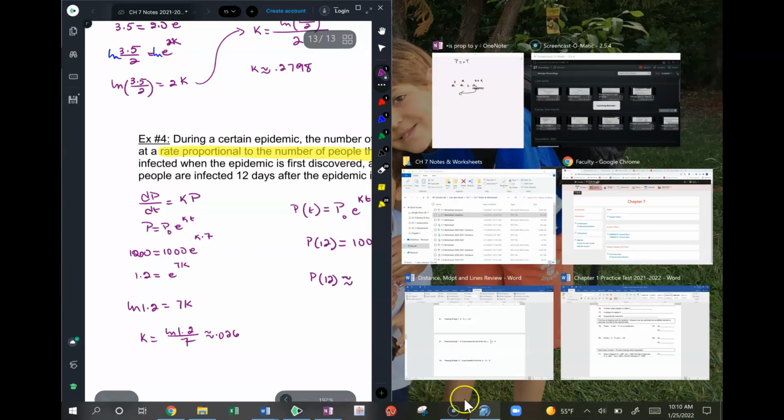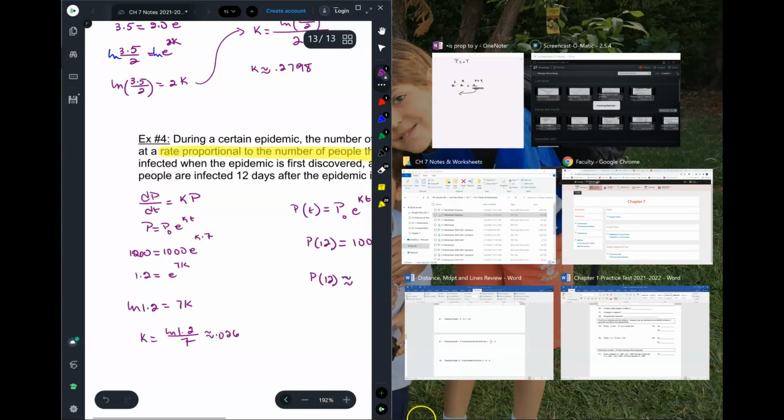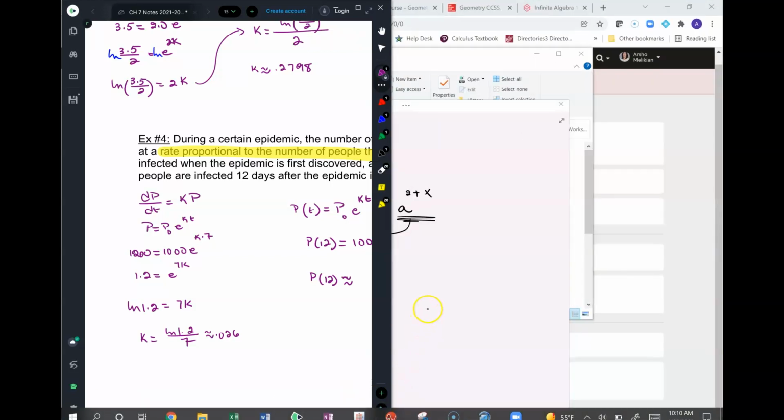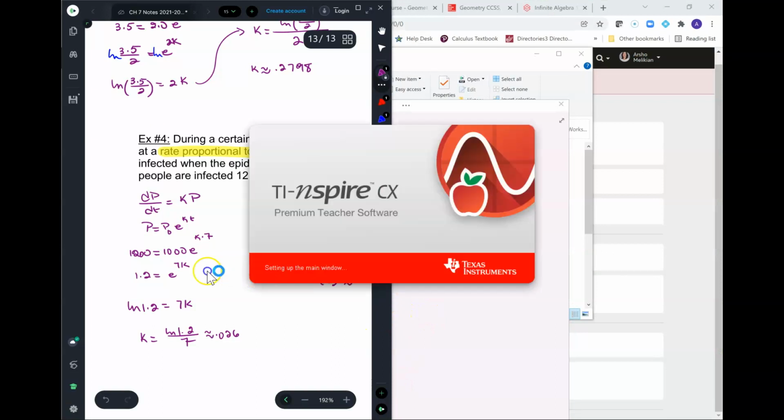I want you to use the stored feature in your calculator, right? You always round down for people. No, you round as you would, because it's an average, sort of an estimate, right?